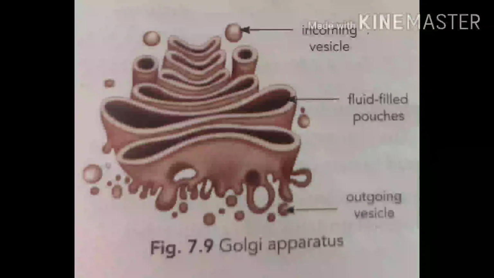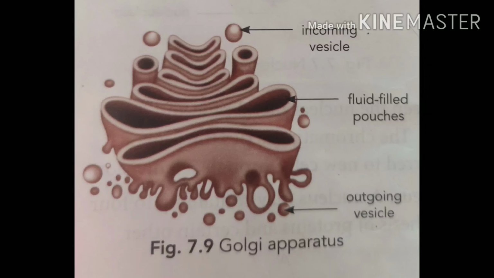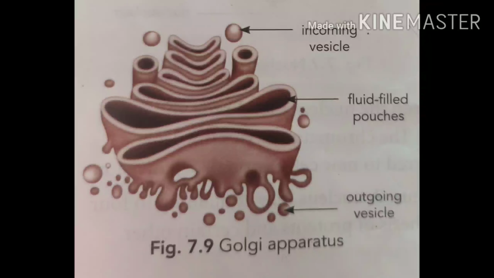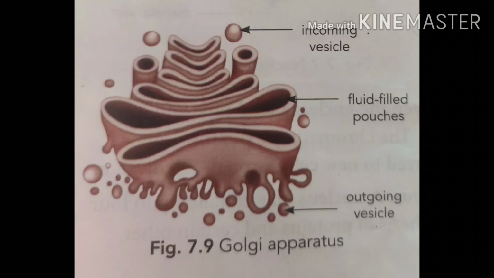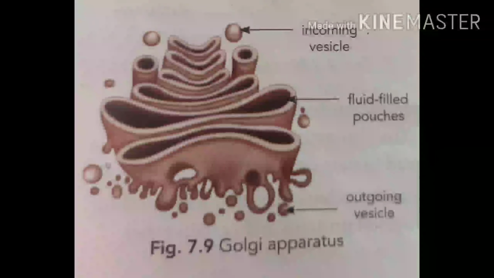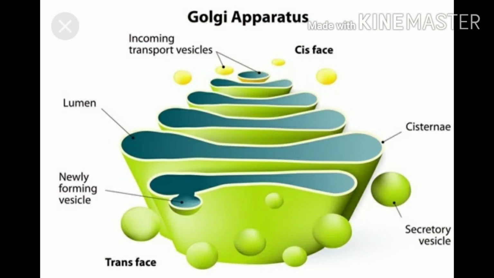This is why it is considered the shipping center of the cell. This organelle is also referred to as Golgi bodies, Golgi complex, or Golgi. It gives rise to the organelles called lysosomes. Means they produce the lysosomes. This is Golgi apparatus.